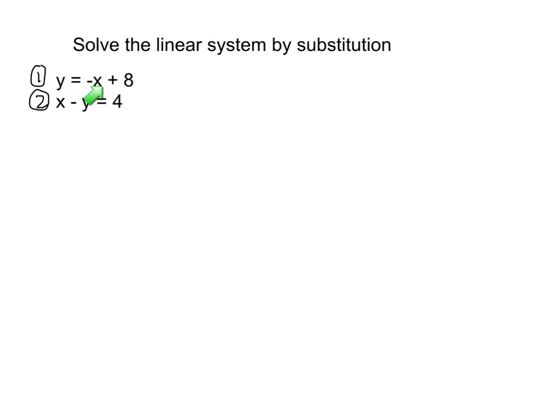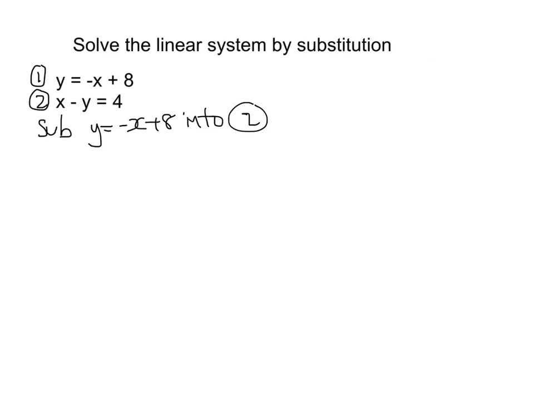Since y is equal to -x plus 8 already, I'm just going to sub it right in. And I'm going to keep myself organized by saying sub y is equal to -x plus 8 into equation 2.